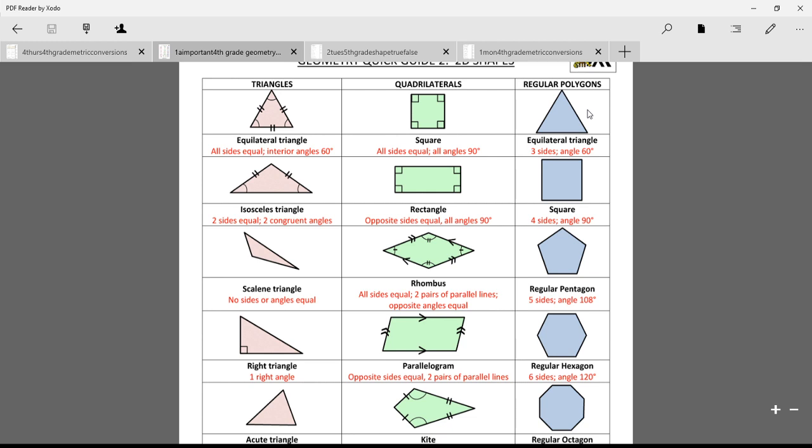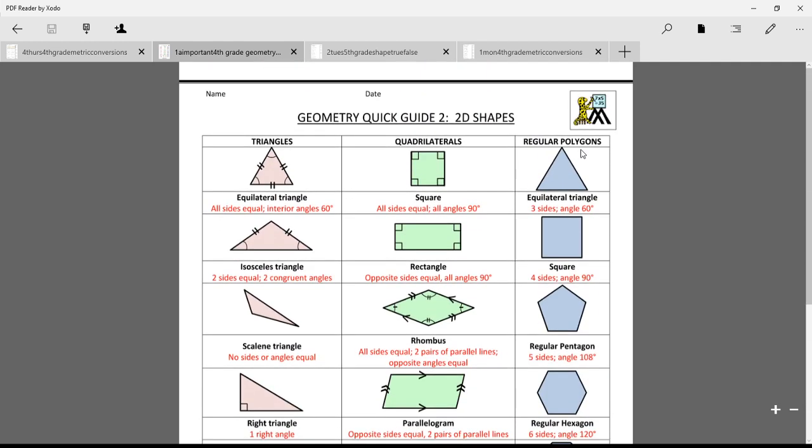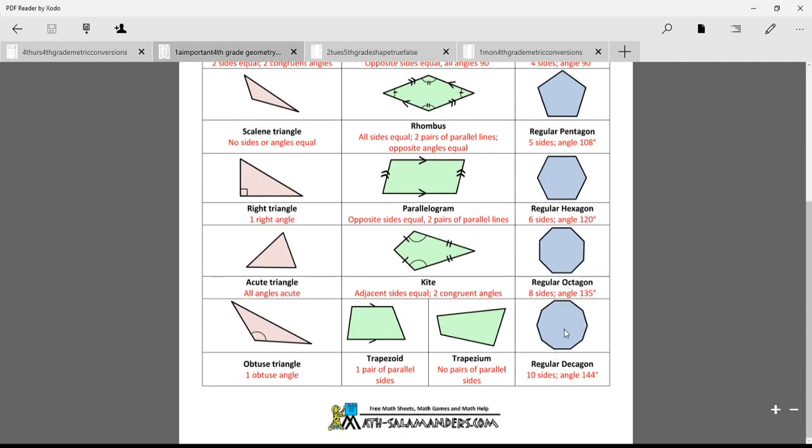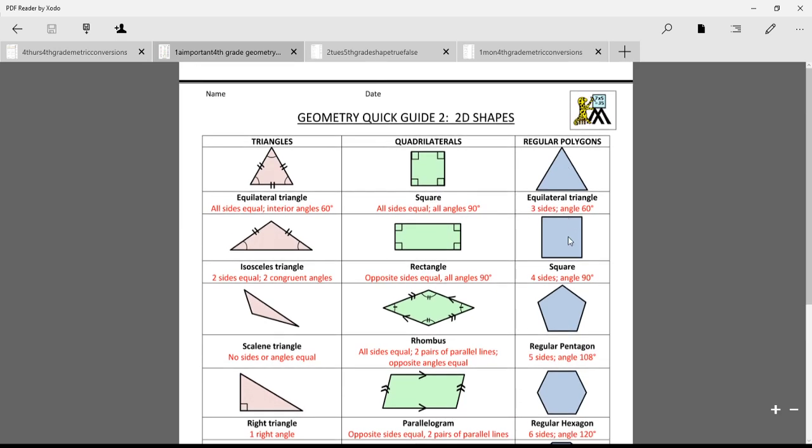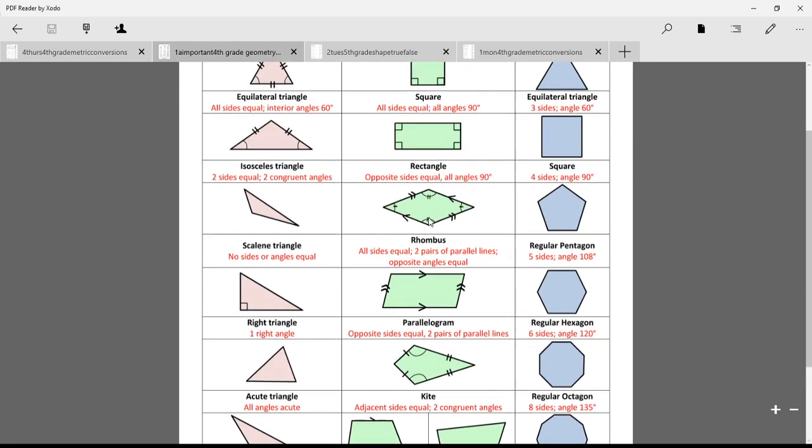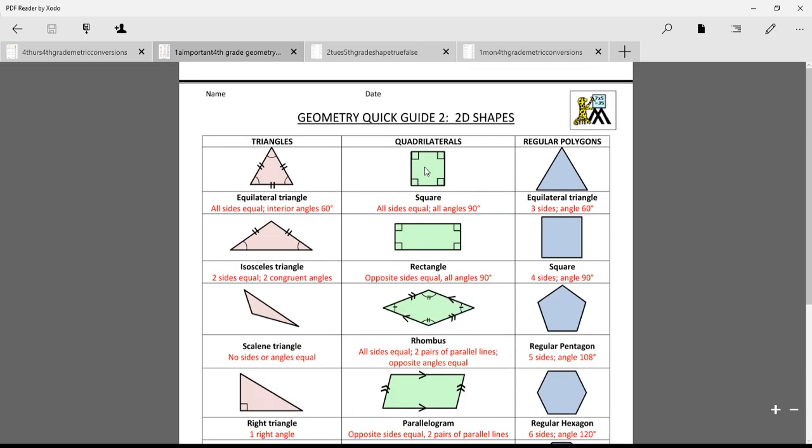Technically, it's a shape with straight lines, and you can have polygons that have tons of different sides. But anyway, today we're going to focus on quadrilaterals.